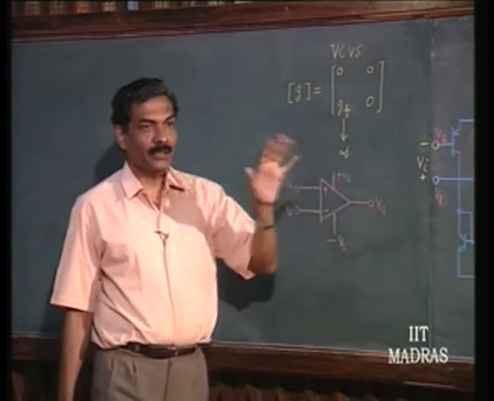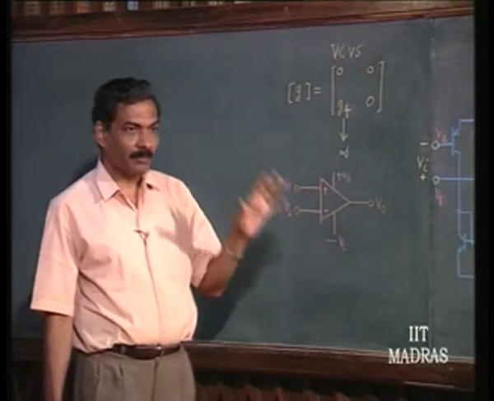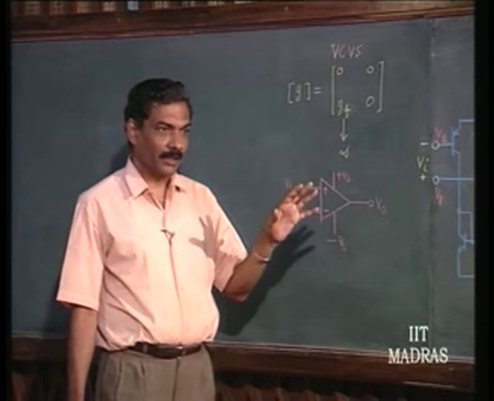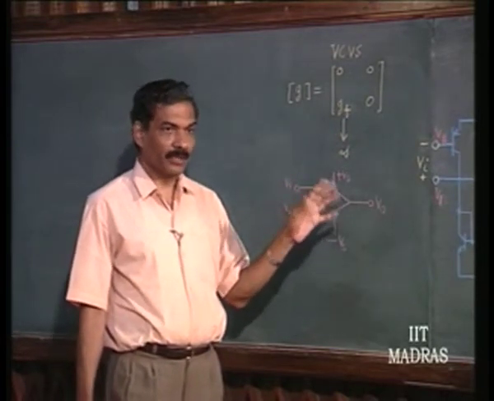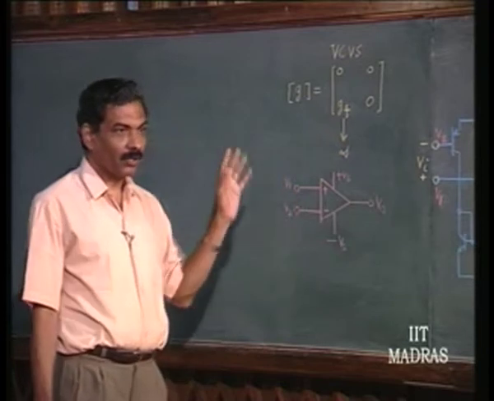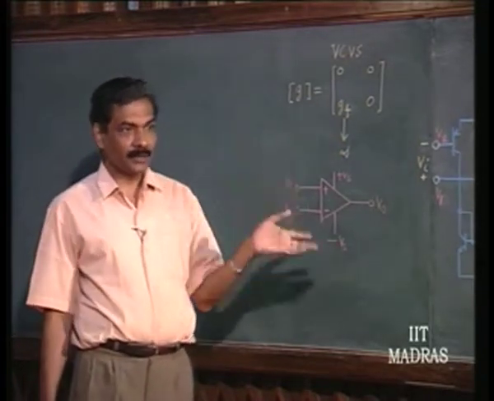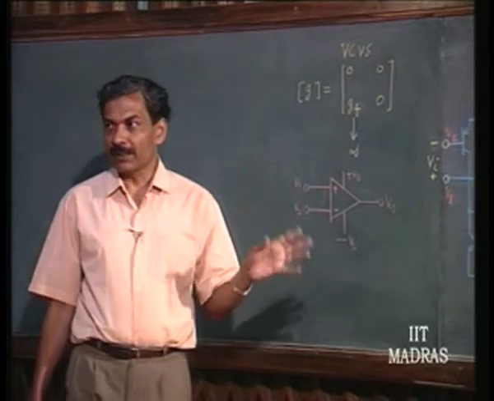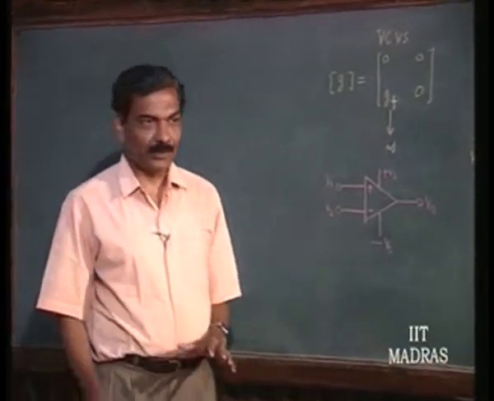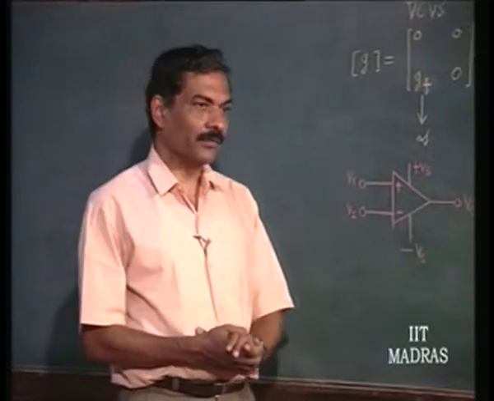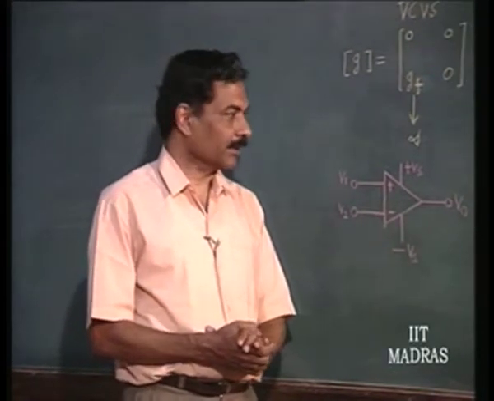Then that particular control source becomes that particular type of operational amplifier. It could become operational voltage amplifier or operational current amplifier or operational transconductance amplifier or operational trans resistance type of amplifier. These are the only 4 types of operational amplifiers that can exist.